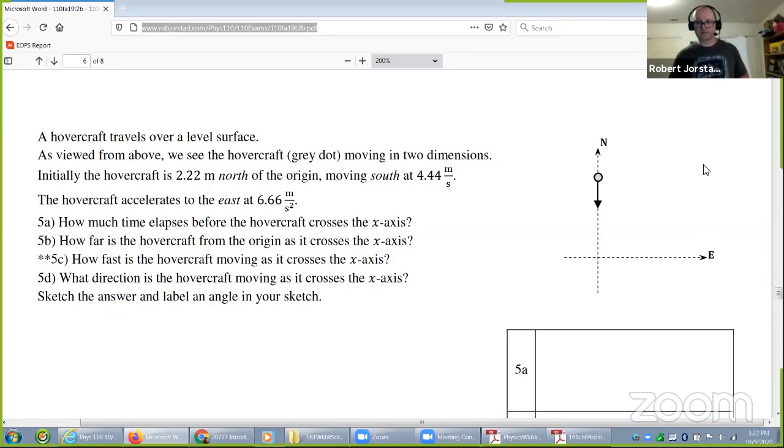Just trying to make some space so I could see things. There we go. So we have some coordinate system here.